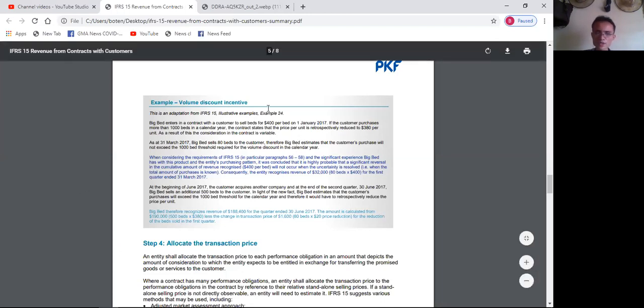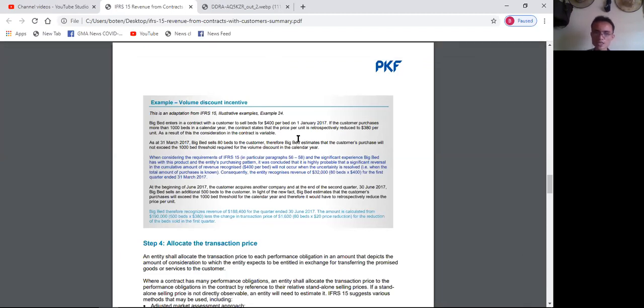So $400 per bed is the price on the 1st of January 2017. Now, if the customer purchases more than 1,000 beds in a calendar year, the contract states that the price per unit is retrospectively reduced to $280 per unit.